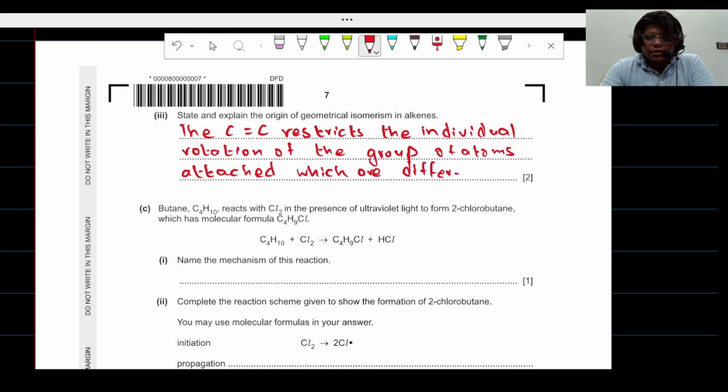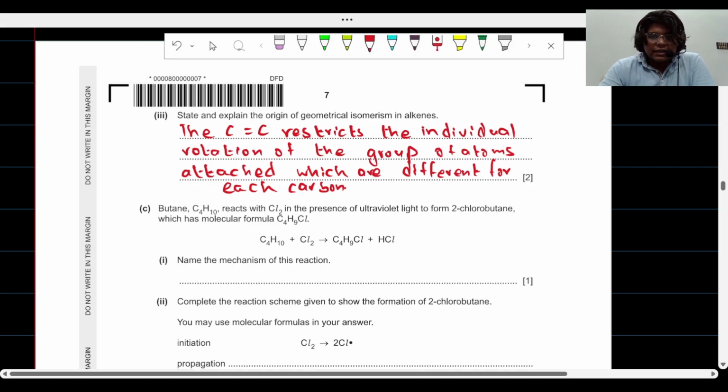Which are different for each carbon. Right now, the last statement that I said, which are different for each carbon, this means that the two atoms which will be attached with one carbon on the double bond and the two atoms which will be attached to the other carbon on the double bond, they should be different from each other, right?